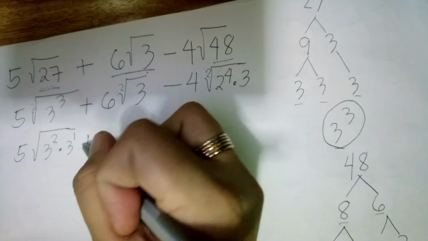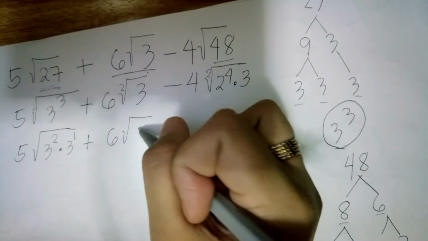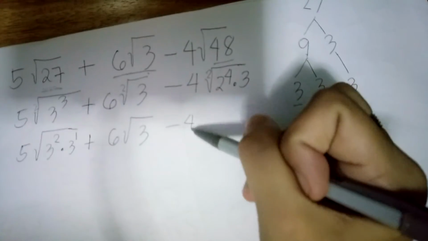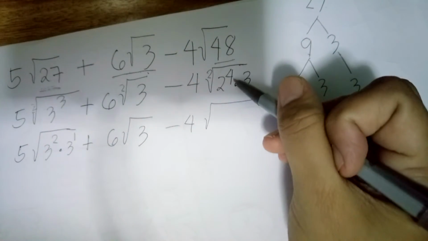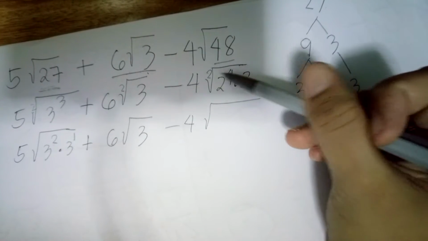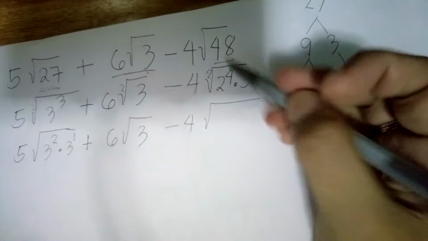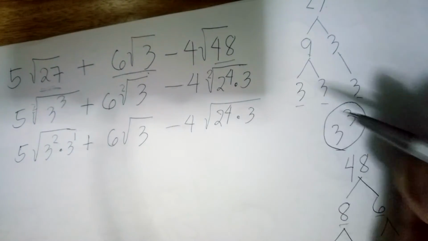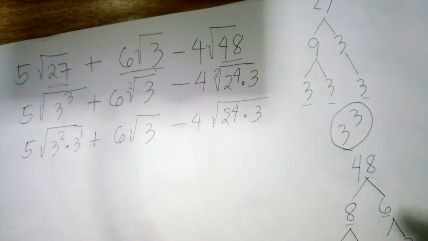Now this one you just copy, minus 4. You do not need to rewrite this because 4 is already divisible by 2. So you just copy 2 to the power of 4 times 3. And then, we're almost done here.